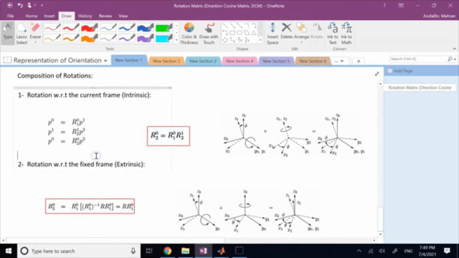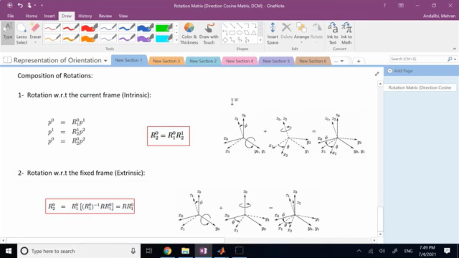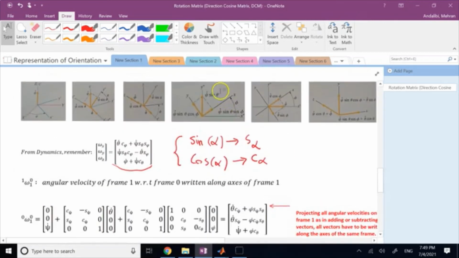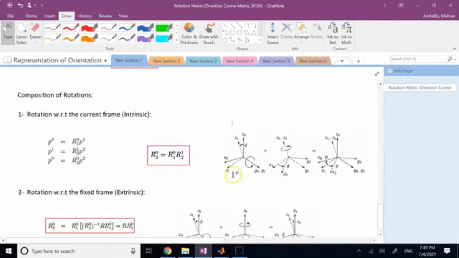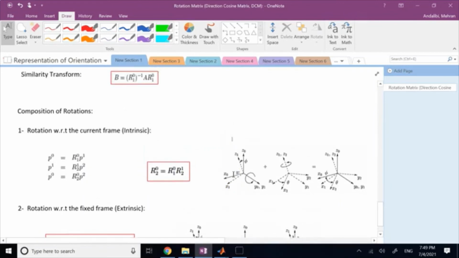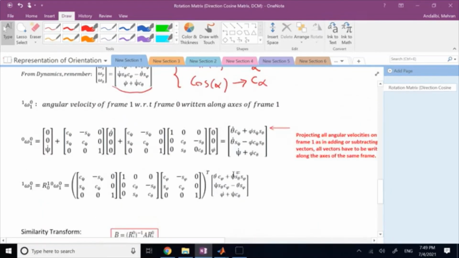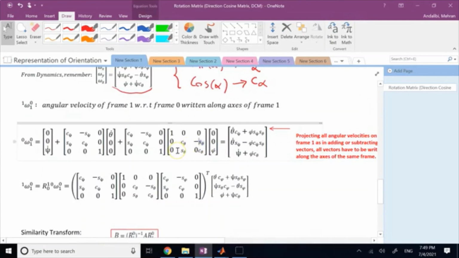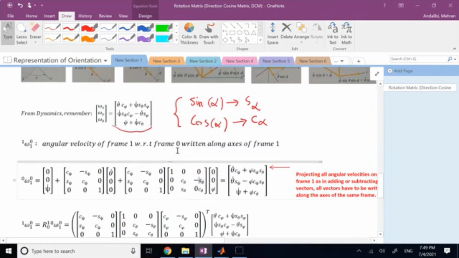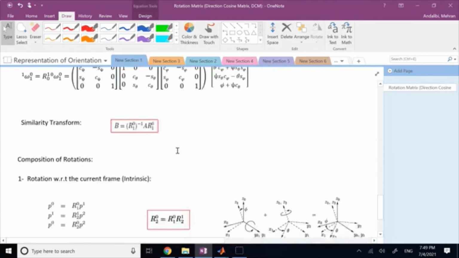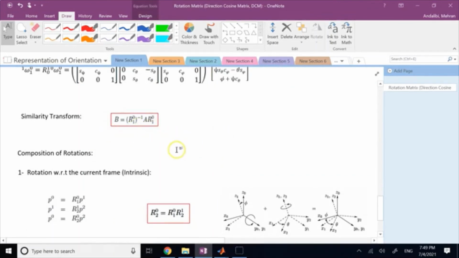When you have more than one rotation, how would you combine them into a single rotation, okay? That's the most important thing after their application. Now, how would you combine them into one equivalent? Okay, so let's talk about that, and then we come back and look at this specific example here. Okay, and then at the end we can talk about the similarity transform.